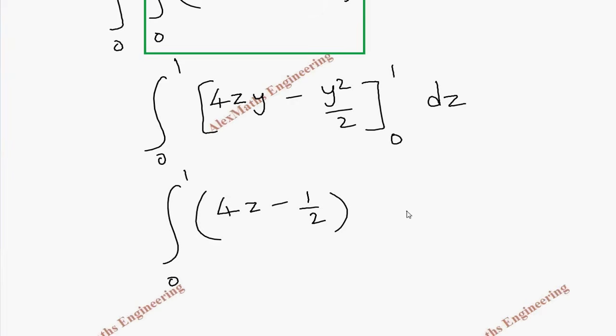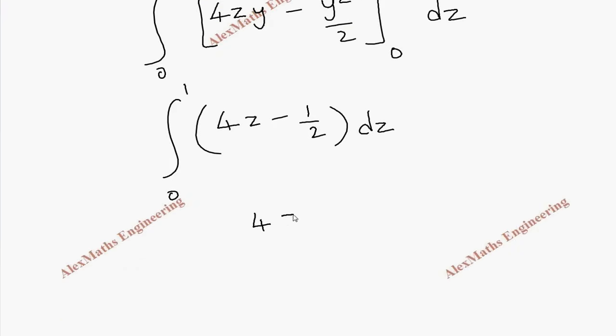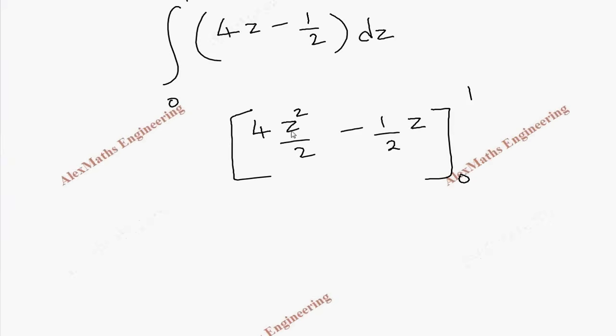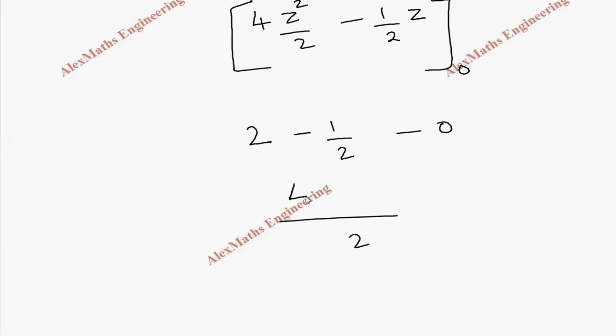The last part which we have to integrate is with respect to z. So this is 4z square by 2 minus half z, and finally the limit is from 0 to 1. When we put the upper limit, it is 4 by 2, which is 2, minus 1 by 2, and at the lower limit, everything is 0. So after taking LCM, this is 4 minus 1, which is 3 by 2.